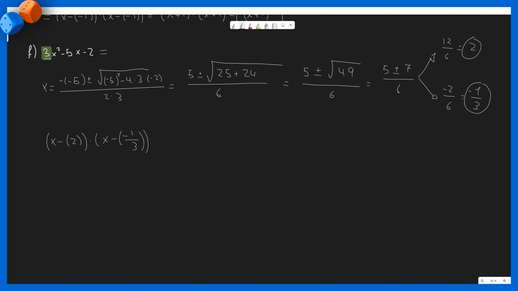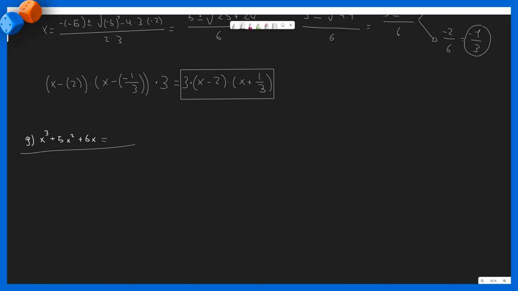Now we will have to multiply times the term that accompanies x squared. So we multiply times 3. Now we will have to finish simplifying our expression, getting x minus 2 times x plus 1/3 times 3. And some people prefer writing the 3 at the very start, so do what you want and what your teacher asks. This would be our solution.